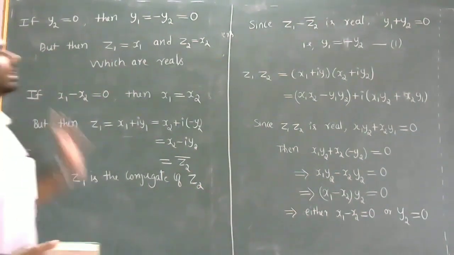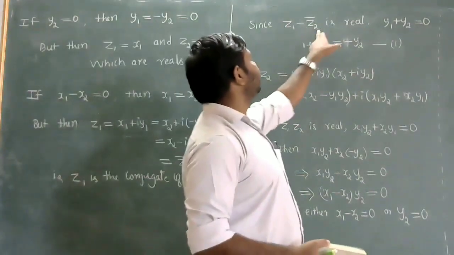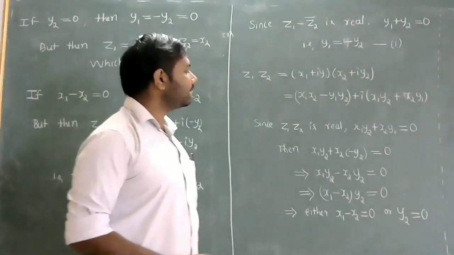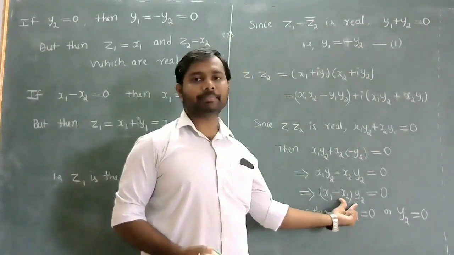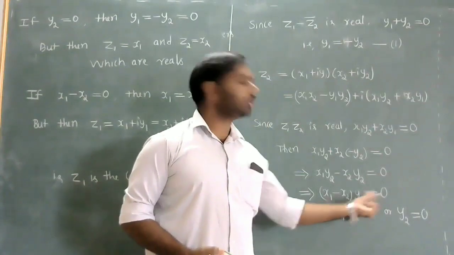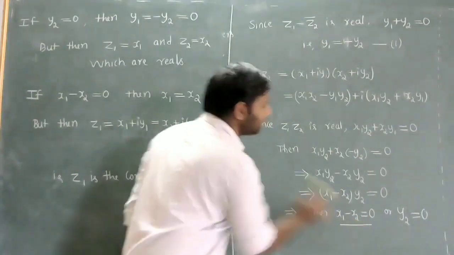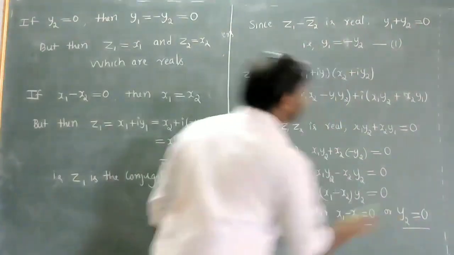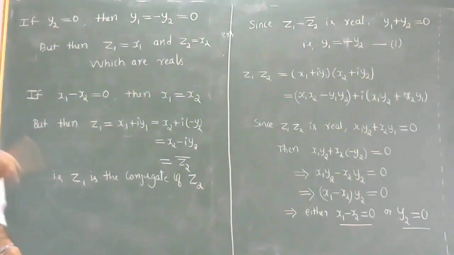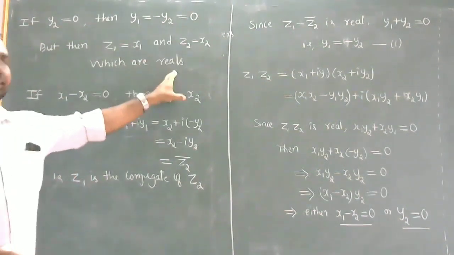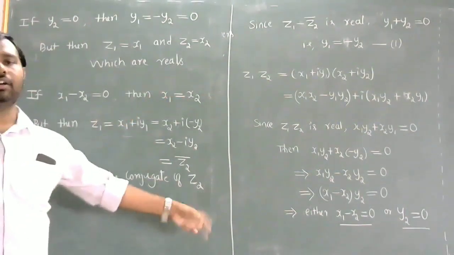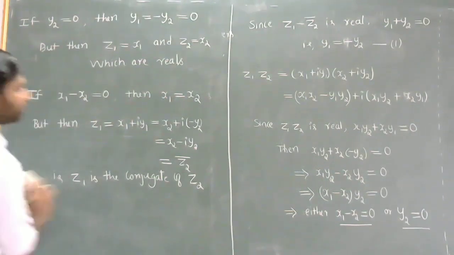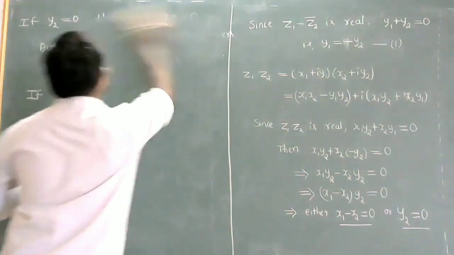Actually we started with the fact that z1 minus z2 bar and z1 into z2 are real numbers, and this led to this observation. That means any one of these two numbers has to be 0. If this number is 0, then one is the conjugate of the other, and if this number is 0, both are real numbers. That means either both are real numbers or one is the conjugate of the other. So which proves the problem, which is a very simple problem, and we proved it without any effort.